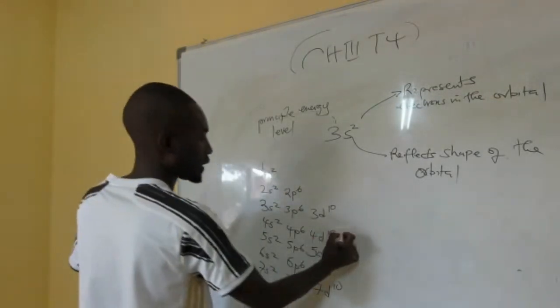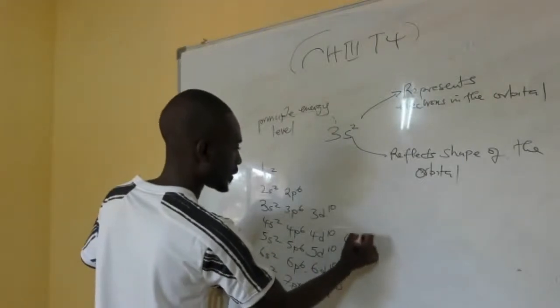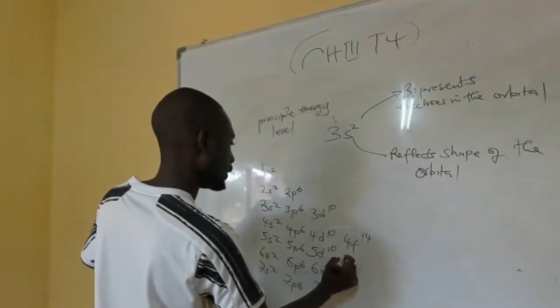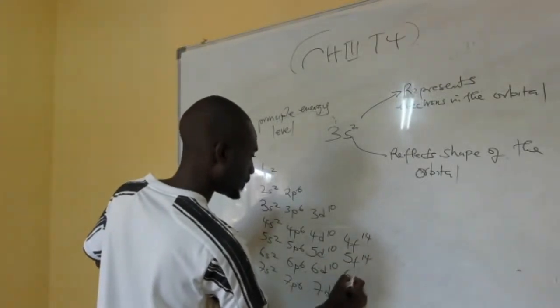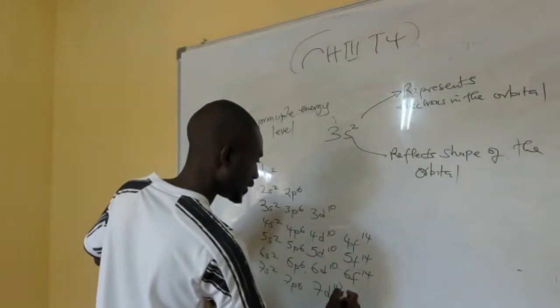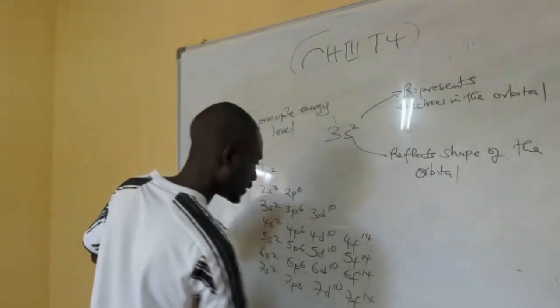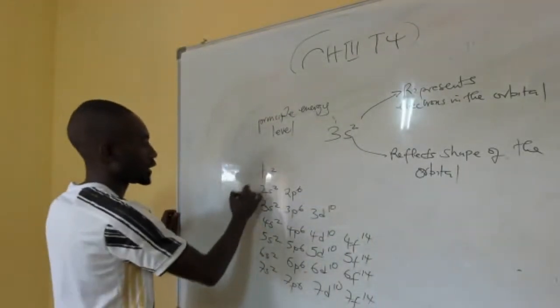Then you start the f's now: 4f14, 5f14, 6f14, 7f14.